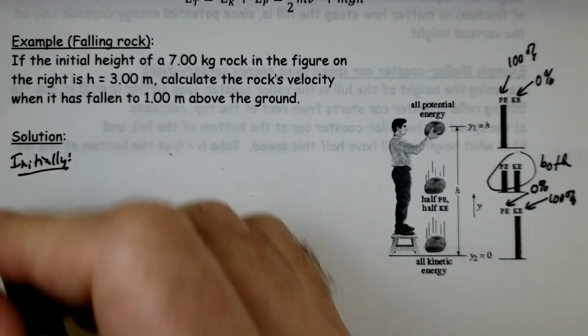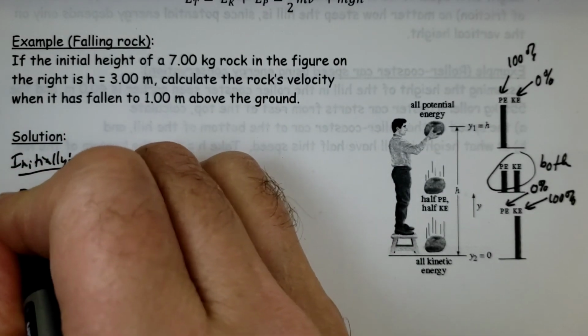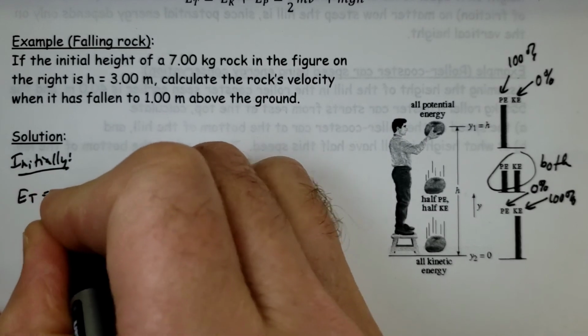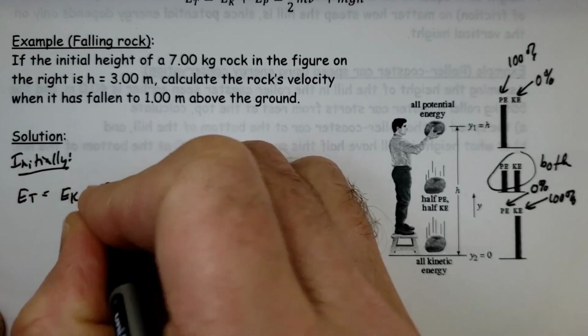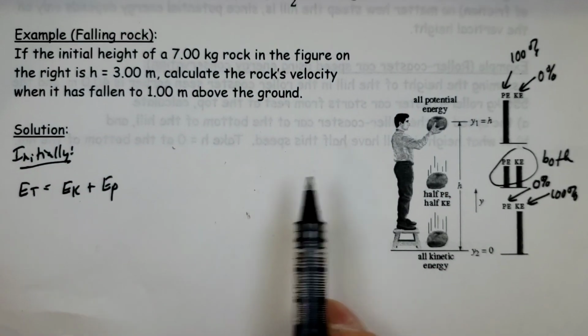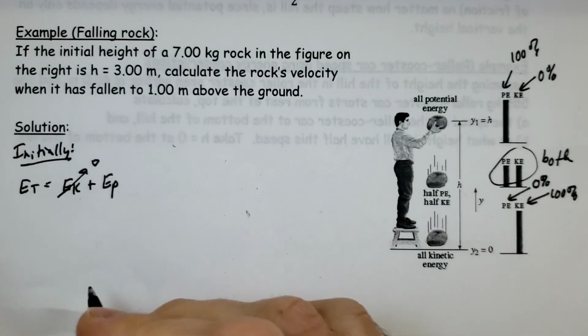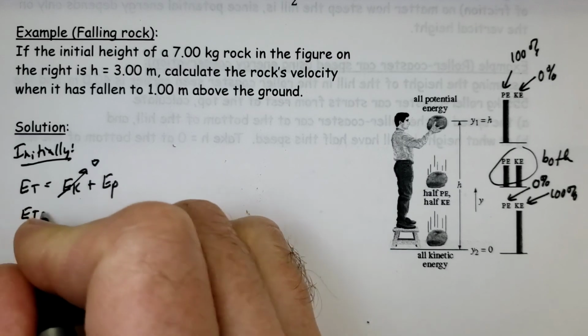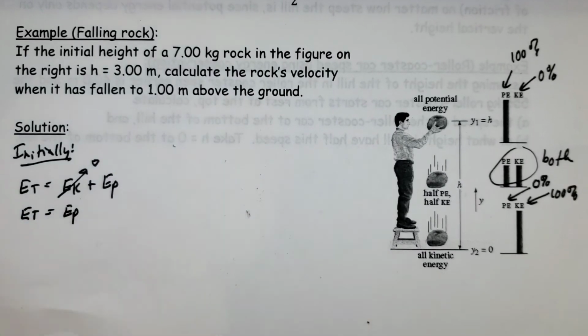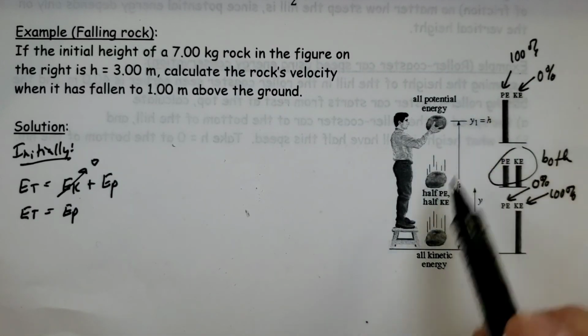So initially we have ET equals EK plus EP. We're told that the rock is held above the ground, so initially EK is going to be 0, and all of our energy can be determined by looking at the total potential energy at the starting.